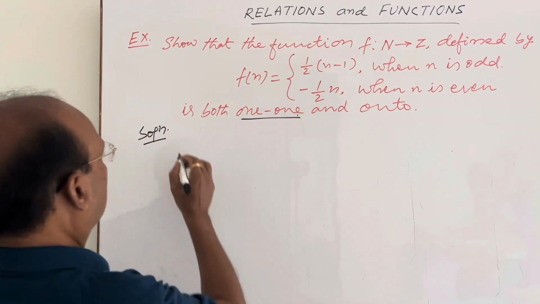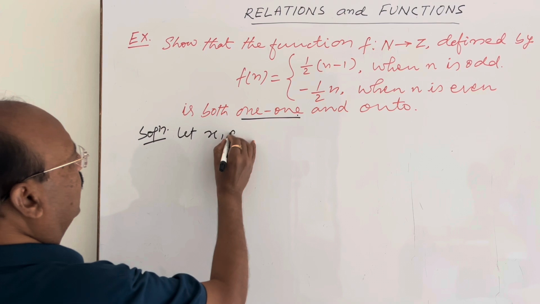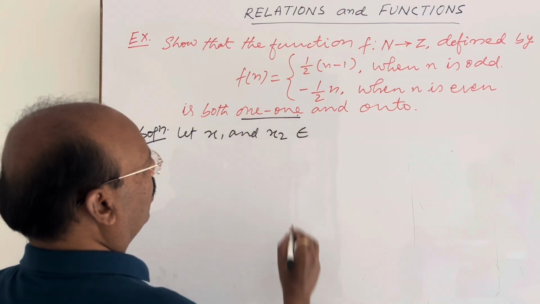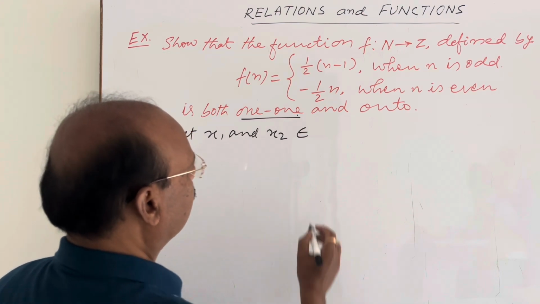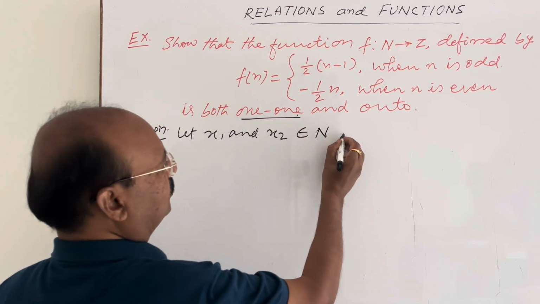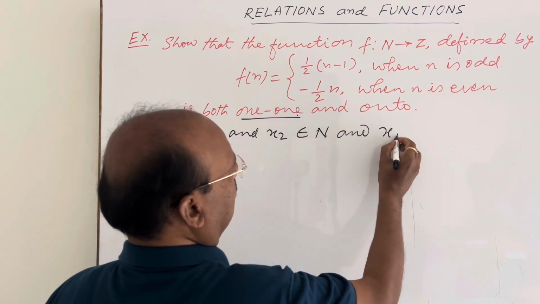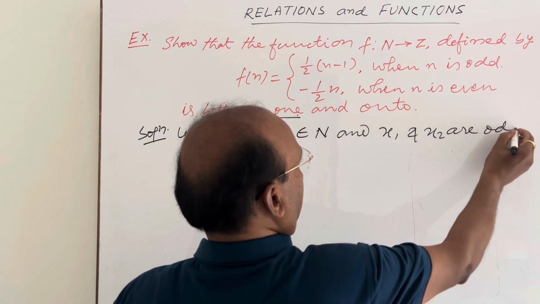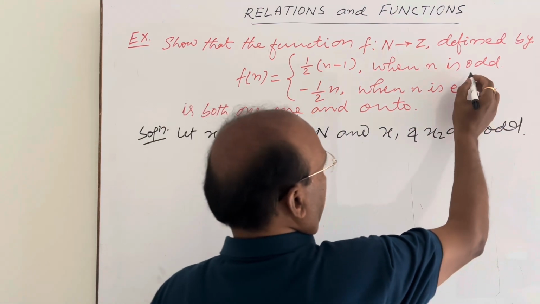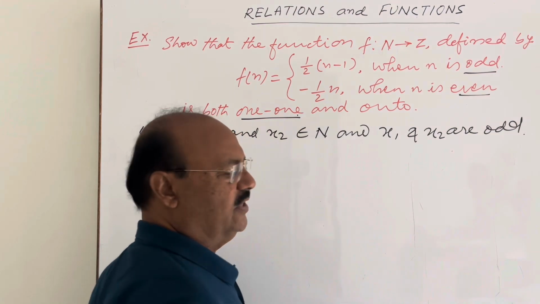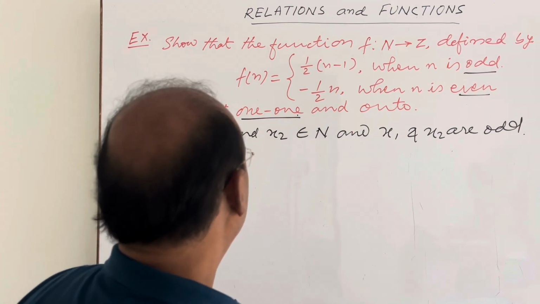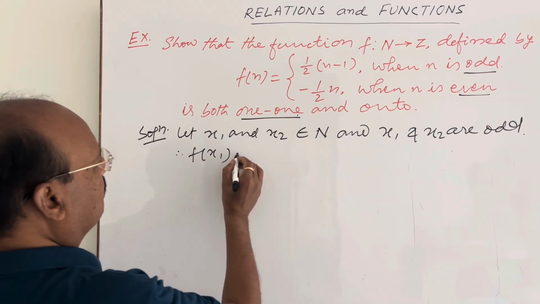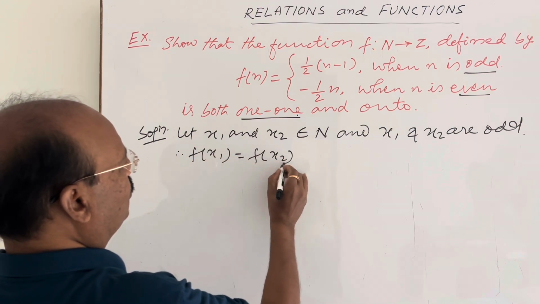So let us suppose that x1 and x2 belong to the set of natural numbers and x1 and x2 are odd, because there are two cases here, odd and even, so we have to discuss them separately. Therefore f(x1) is equal to f(x2).